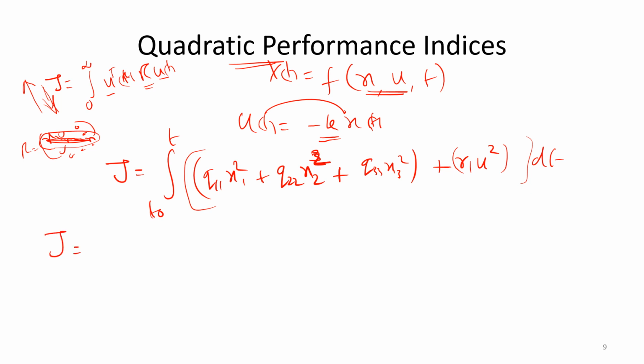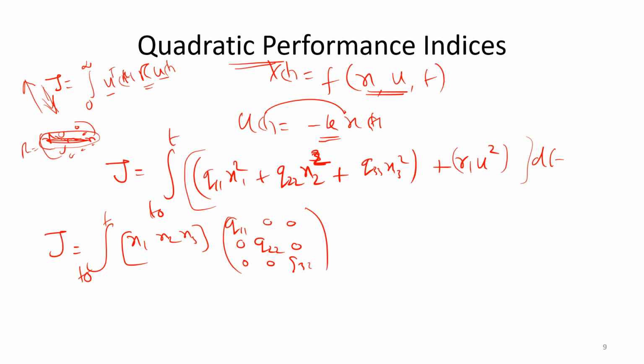J equal to, I'm going to split it like this: integration from t naught to t, with x1, x2, and x3, and the matrix q11 0 0, 0 q22 0, 0 0 q33. If you multiply this, you will get this expression. Then you have x transpose, and in between you have a matrix. That is the performance criteria.